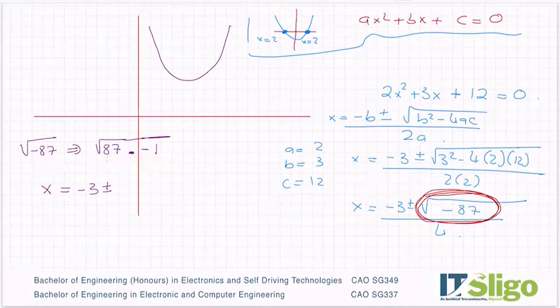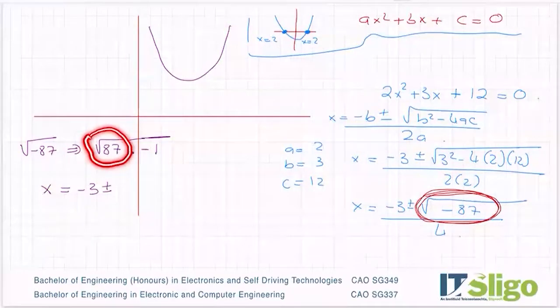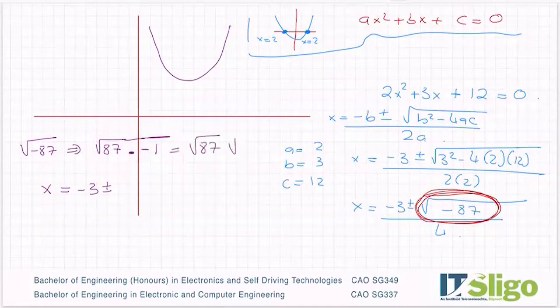So why did I break them up? Well, root 87, I can put that into the calculator. That's a number. And then do you see the square root of minus 1? There's a rule in the log tables that tells me I can write it like this. So this becomes the square root of 87i.